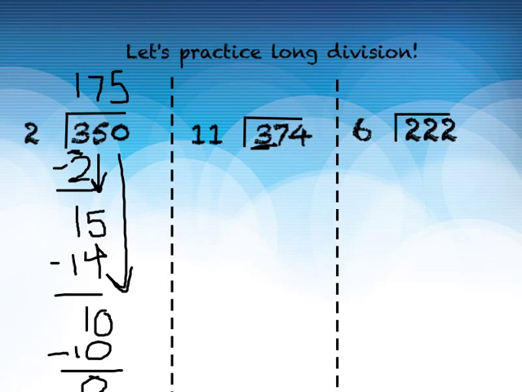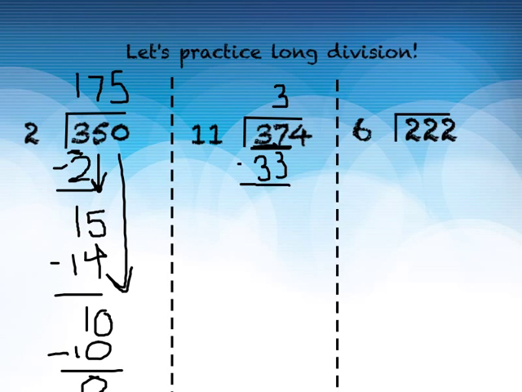11 can't go into 3. So we'll look into 37 instead. 37 divided by 11. Well, I know that 11 times 3 is 33. I couldn't fit 4 because that would be 44 and that would be too big.